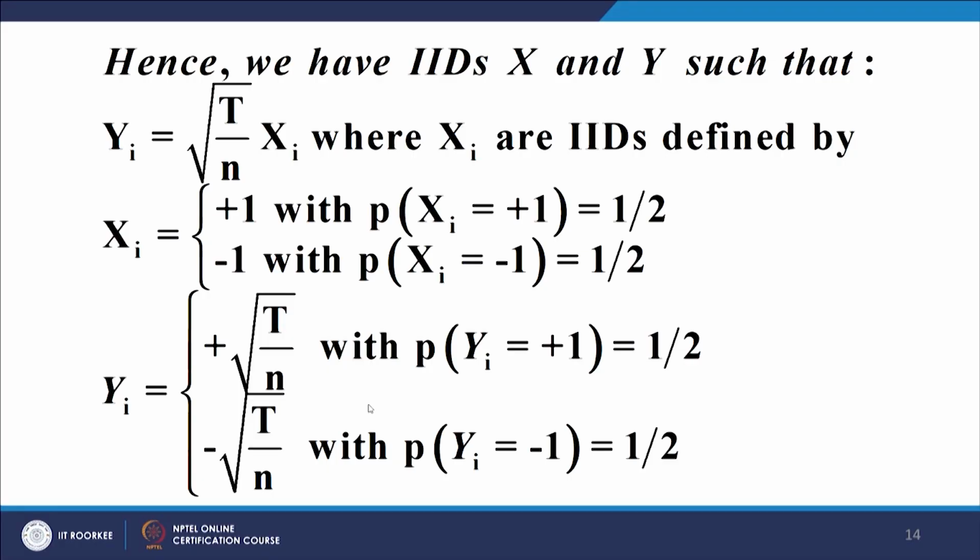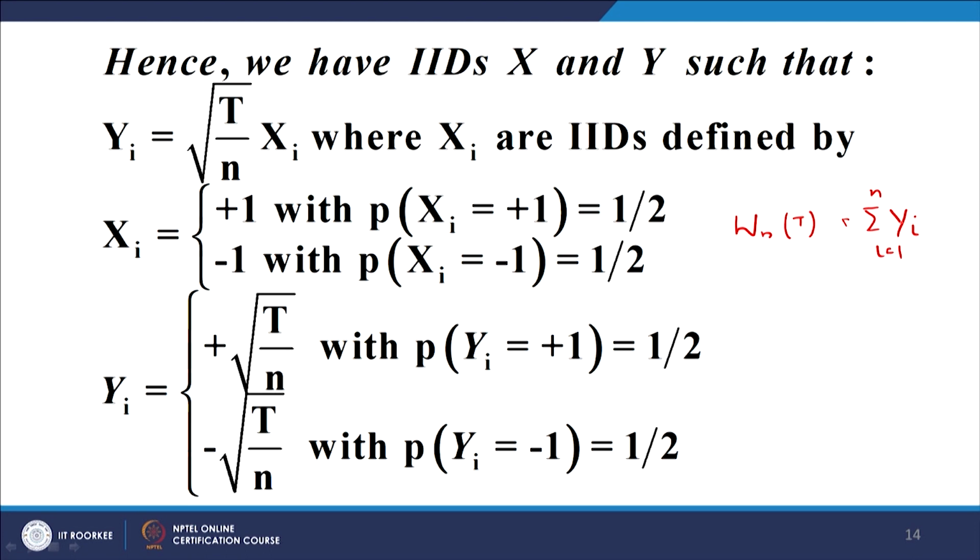Let us now look at this. So, what do we have? W_n(t) can now be described by the summation up to n of y_i, where y_i is given by under root t upon n times x_i. x_i was binary, taking values plus minus 1 with probabilities 1 by 2 each.